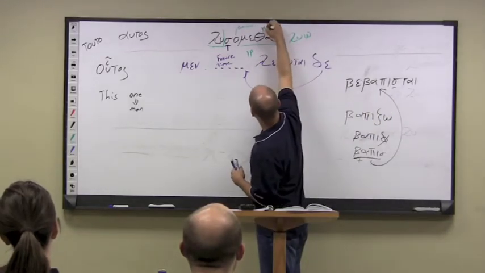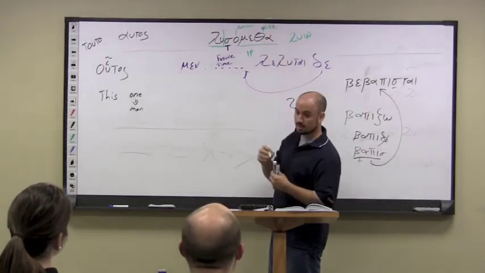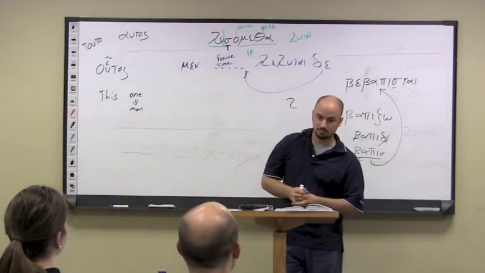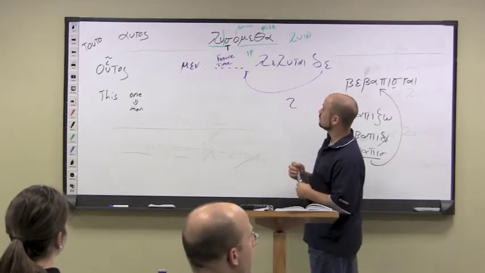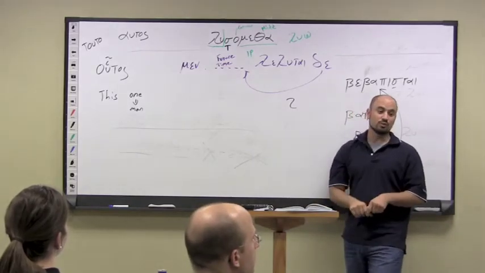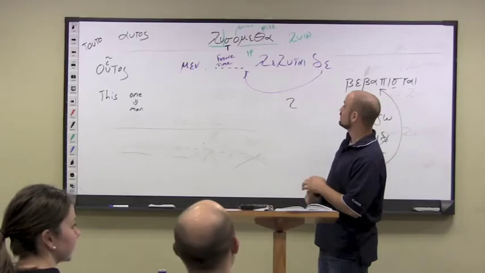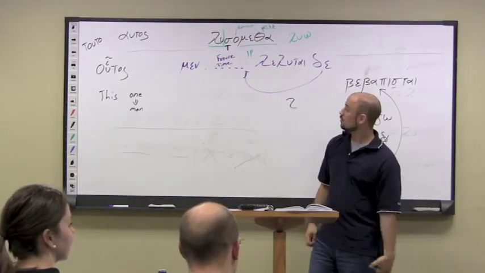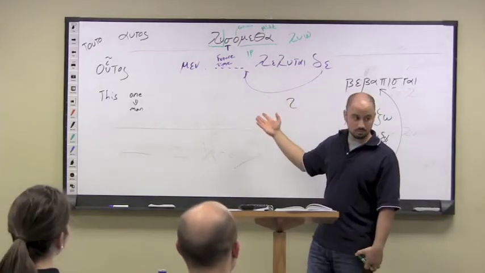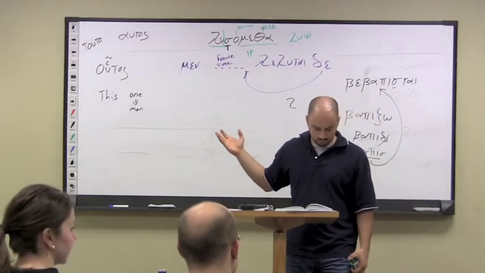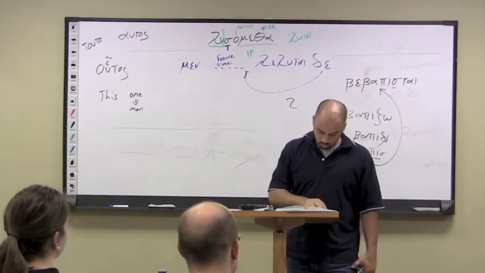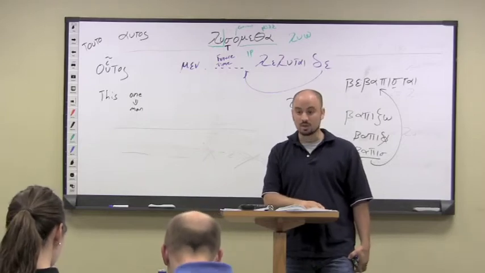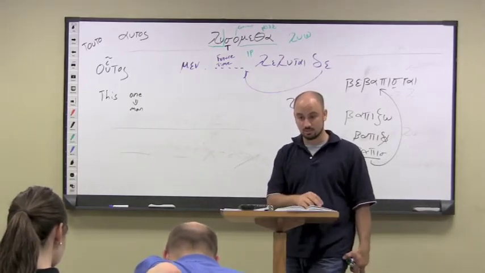Good, middle voice. Not going to be your passive because we learned that the future has a different form for the passive. You don't know it yet. So, putting this all together, it would be we will lose ourselves, or we ourselves will lose, because we have a direct object here.